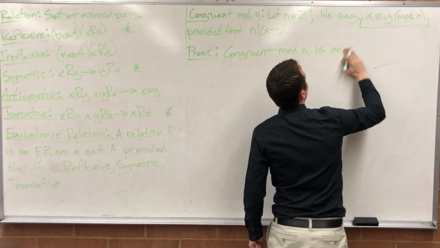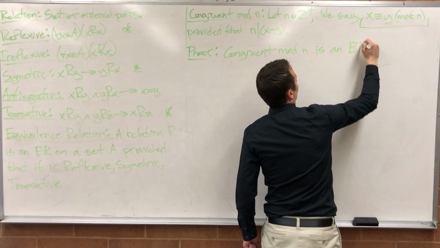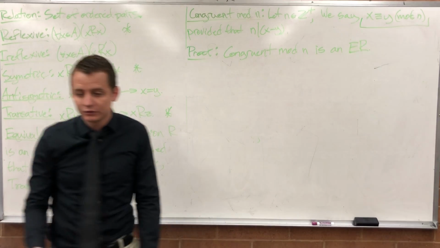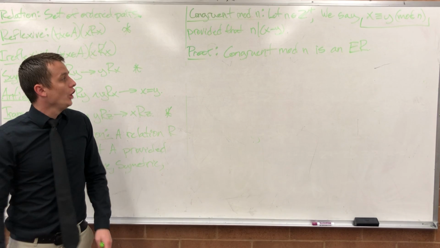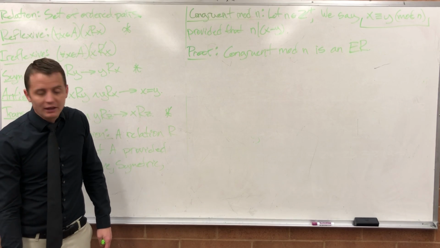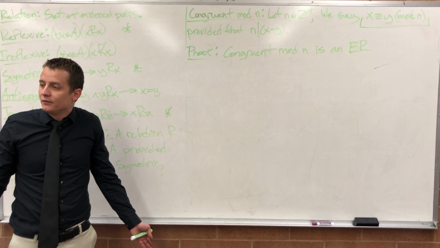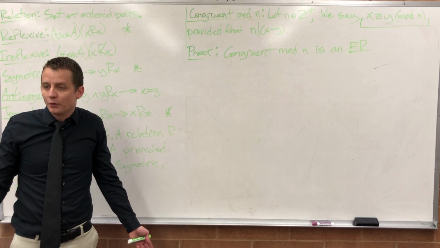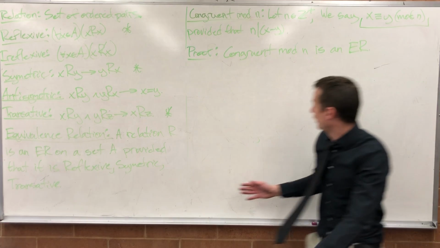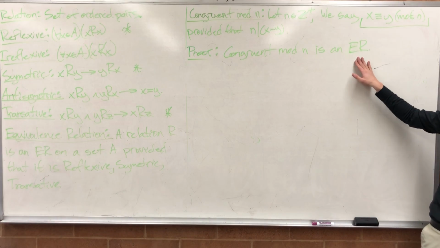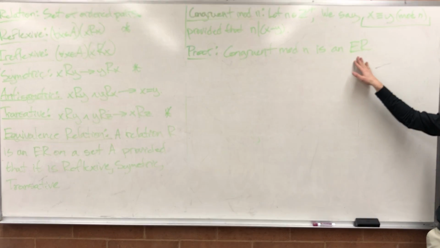I'm just going to use capital ER over and over again, since we'll be saying equivalence relation over and over again. So we need to prove that thing's an equivalence relation. How do we do that? From here on out, when I give you a problem that asks you to prove something is an equivalence relation, how do we prove it?